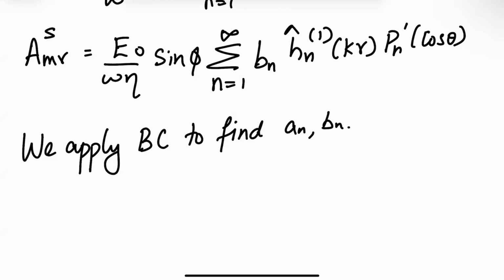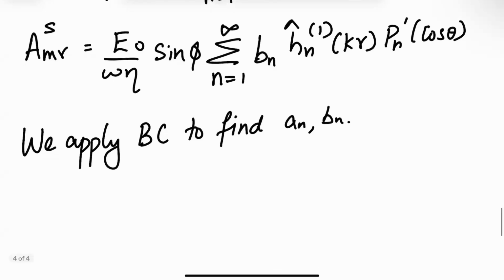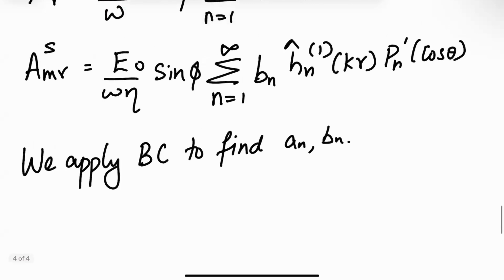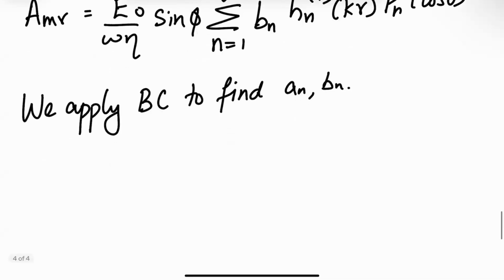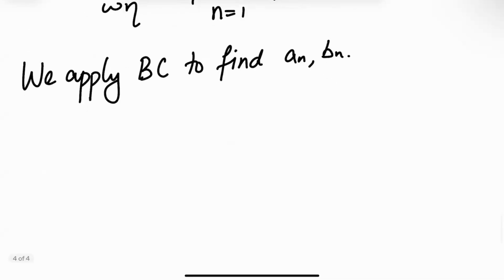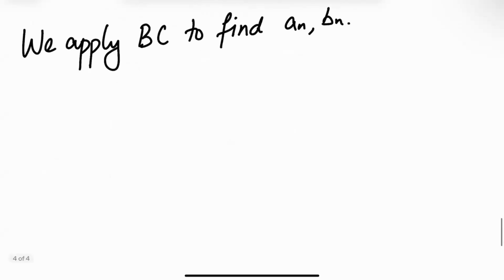The way to solve scattering problems, whether plane wave scattering from dielectric interfaces, or modes that propagate inside a waveguide, is you find the form of the mode first, and then apply boundary conditions to find the coefficients, how much of each mode is there. That's the standard procedure for scattering problems, or even for waveguides. So that's what we're going to do.